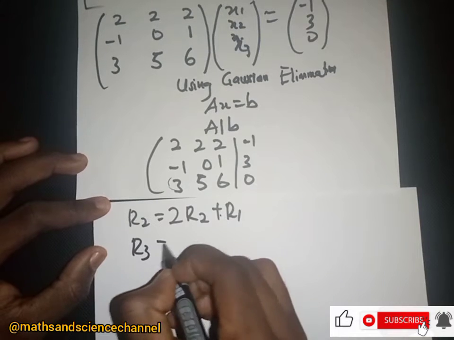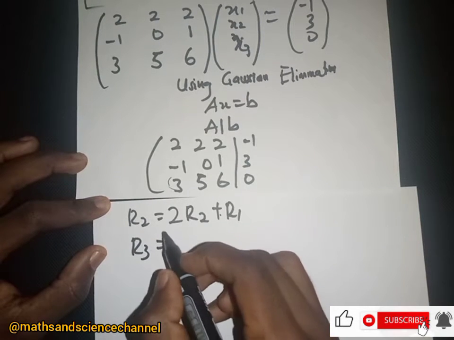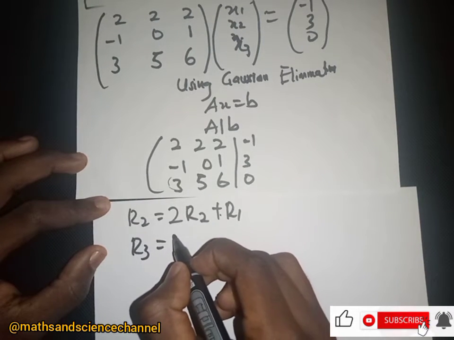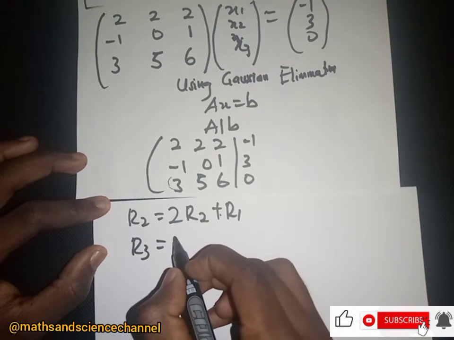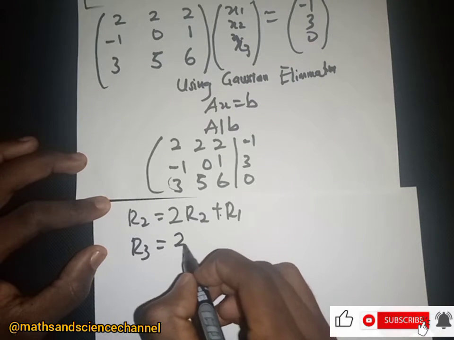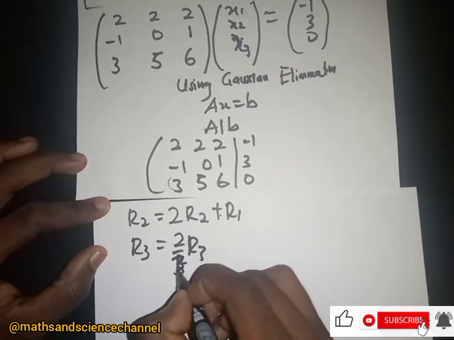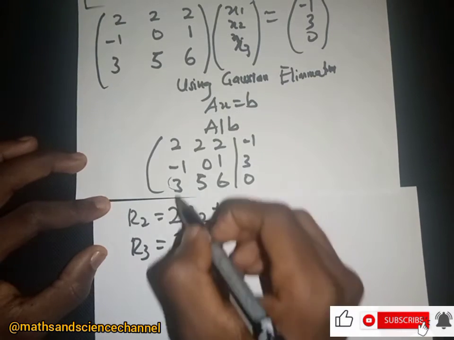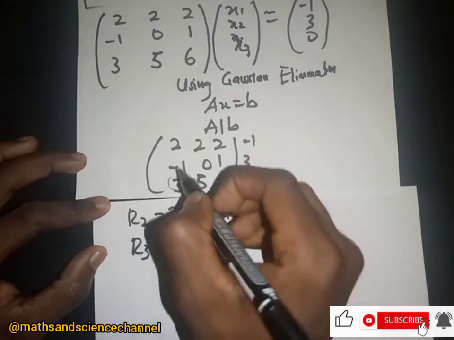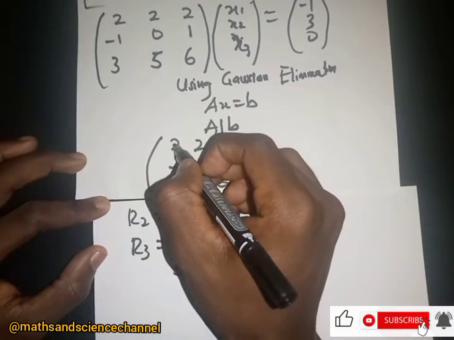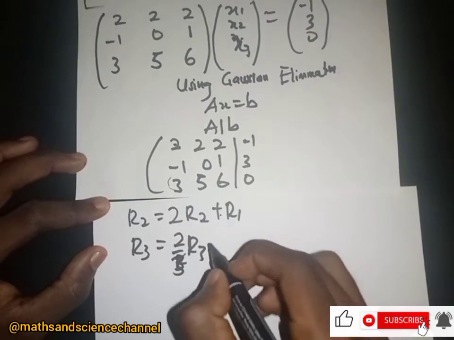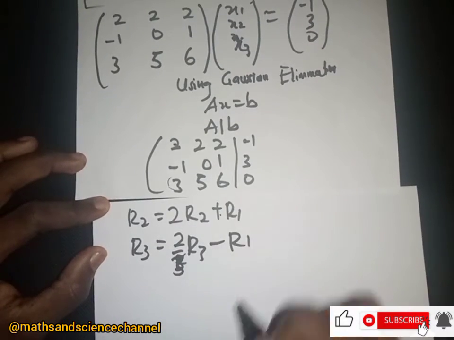And also for R3, what we have to do is multiply R3 by just 2 over 3. When we do that, we realize that 3 gets rid of 3 and we are left with 2. So 2 here minus 2 here, then this side goes to 0, so minus R1, right?